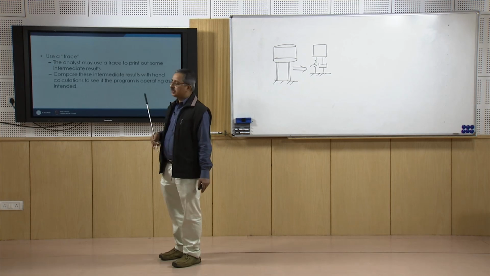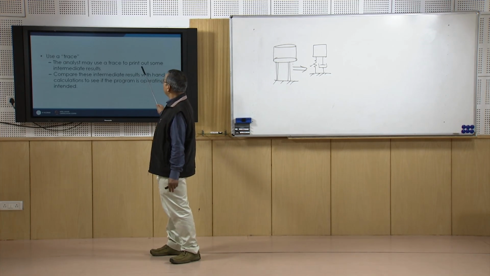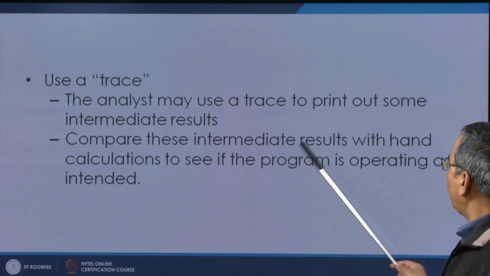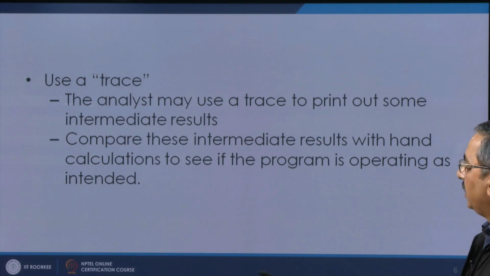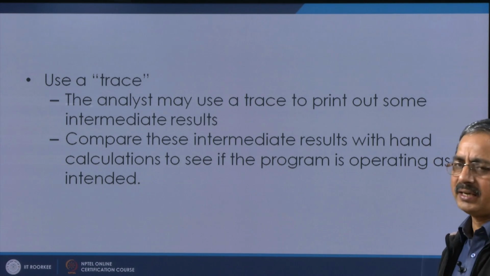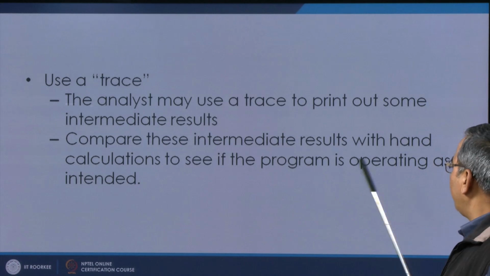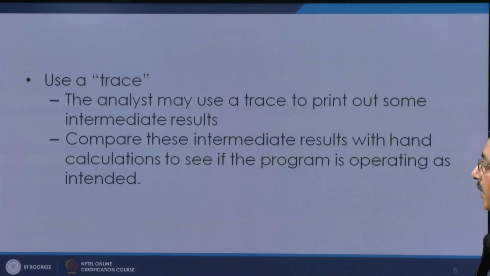So, this is the use of the trace. Analysts may use a trace to print out some intermediate results and compare these intermediate results with hand calculation or through some other means to see if the program is operating as intended.